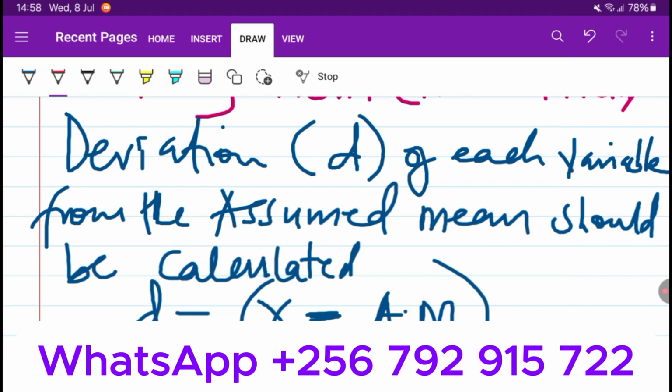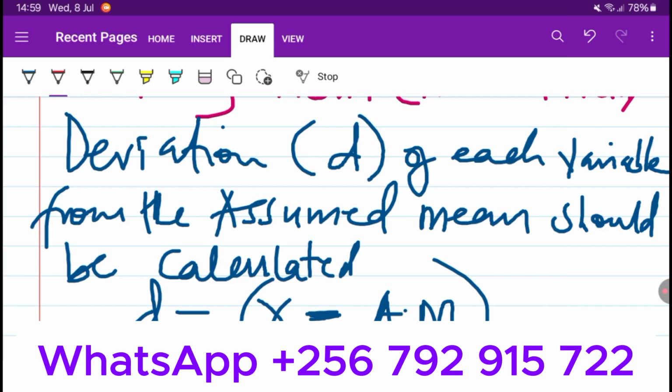So our d will be the difference of that variable, which is the value, minus the assumed mean. So we get the change, because you are assuming that the mean is 10. So we take each of the individual values, subtract 10, and see what is left.